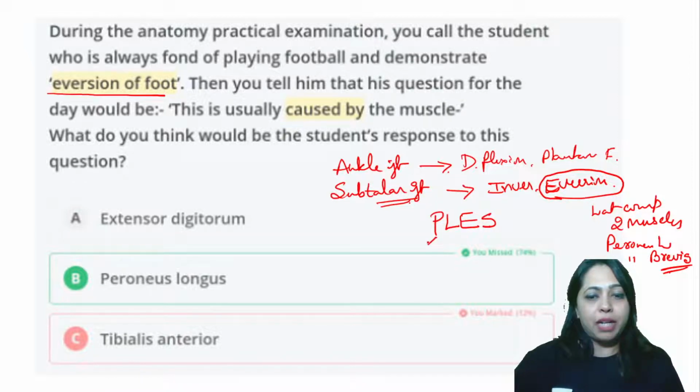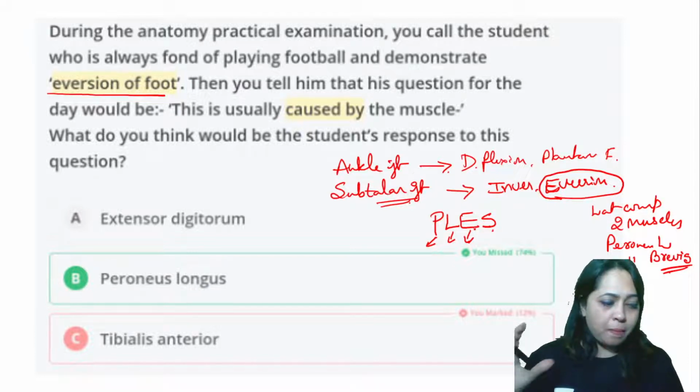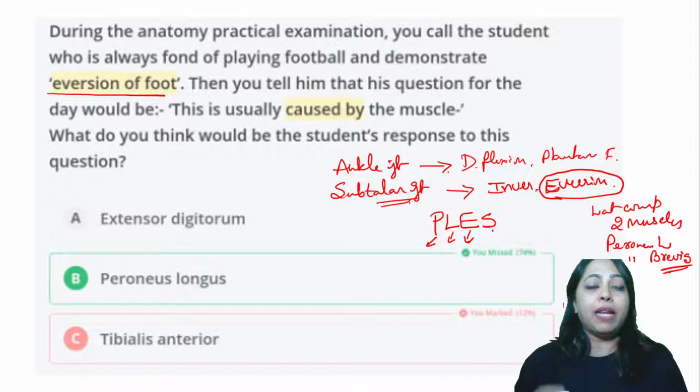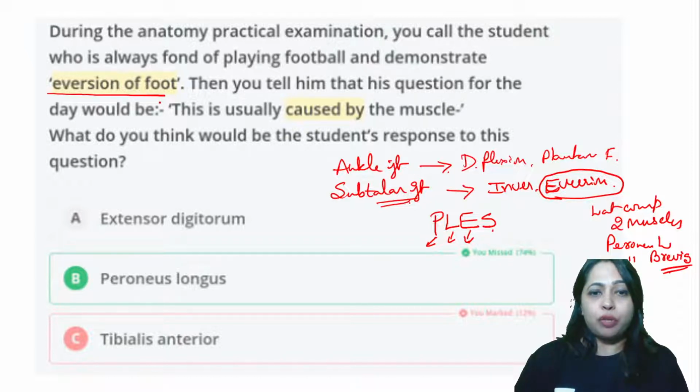P is for plantar flexion, L is for lateral compartment, E is for eversion, and S is for superficial peroneal nerve. That is a mnemonic for the lateral compartment. So here we're talking about eversion of the foot, and this is caused by the peroneus longus muscle.